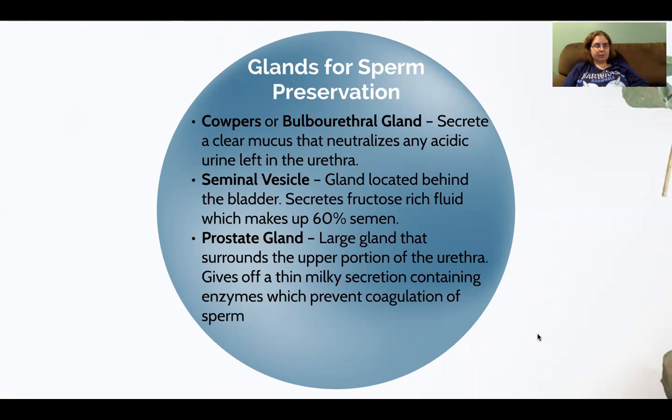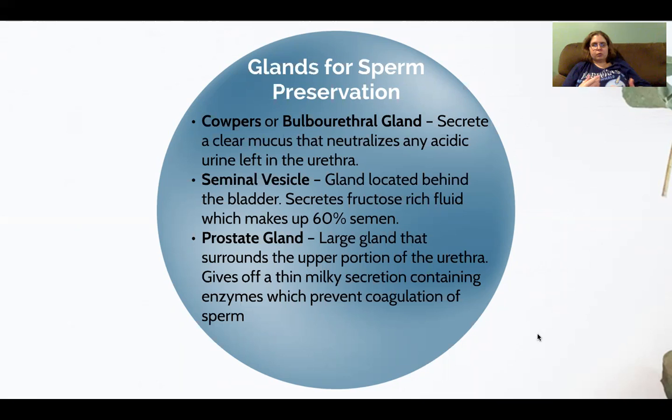There's also the seminal vesicle, which is a gland located kind of behind the bladder. And this secretes a fructose-rich fluid, and in total, the fructose-rich fluid is roughly about 60% of the semen.